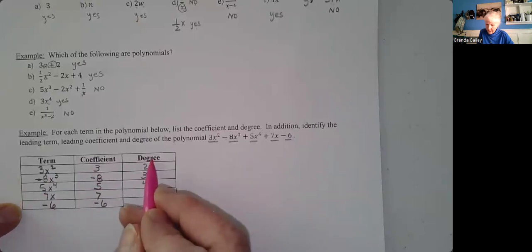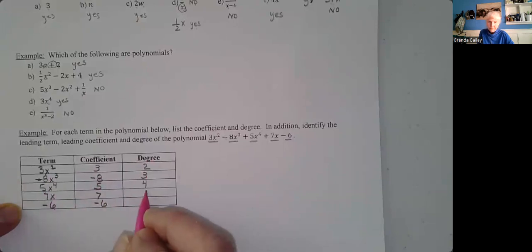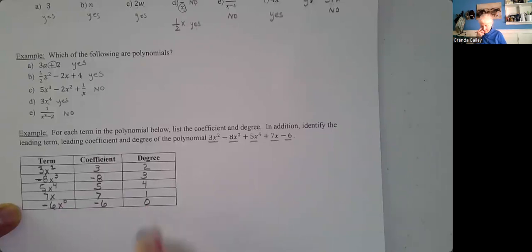And the degree, if it's not there, it's a 1. The degree here is 0. You could write x to the 0 because we know that's just 1, -6 times 1. So we're not changing the value, but it's 0. All righty, so those are the degrees.